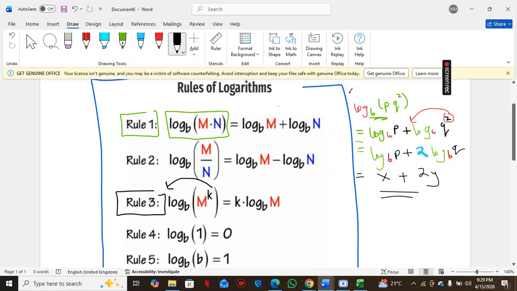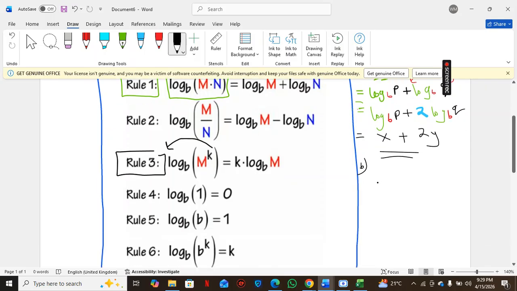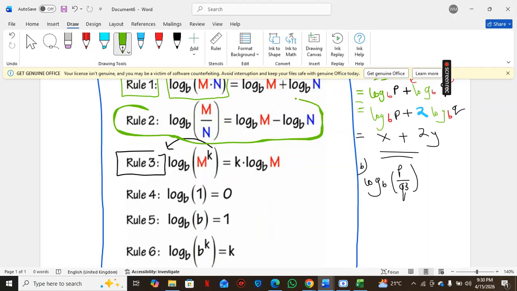Okay, we go to part B, which is saying log_b of p over q cubed. For this one, colleagues, as you can see, we're applying rule number 2, the quotient rule.